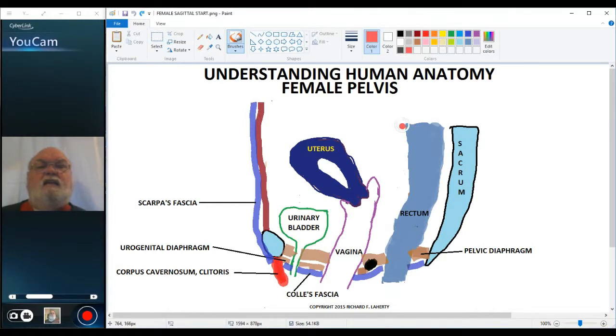And I'm going to draw in the peritoneum. This would be the floor of the peritoneum, and it's applied to the rectum, and then comes back over the posterior fornix and onto the uterus.